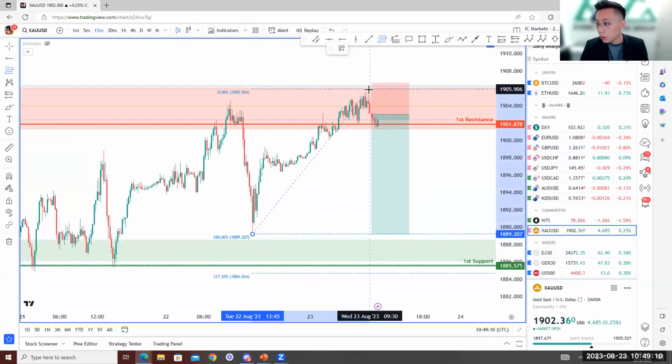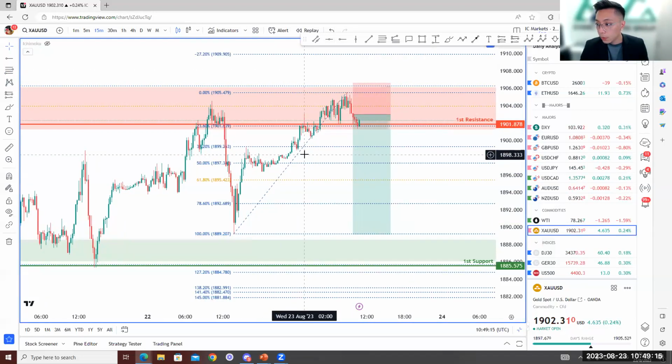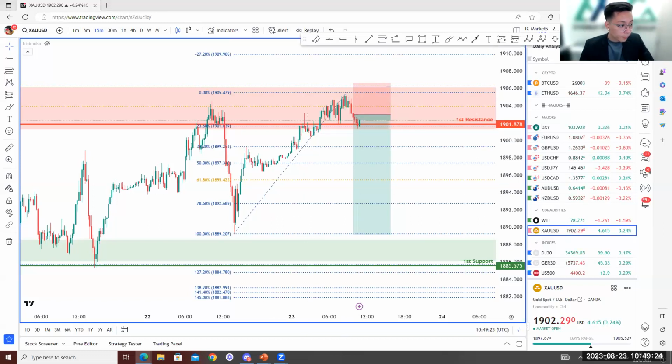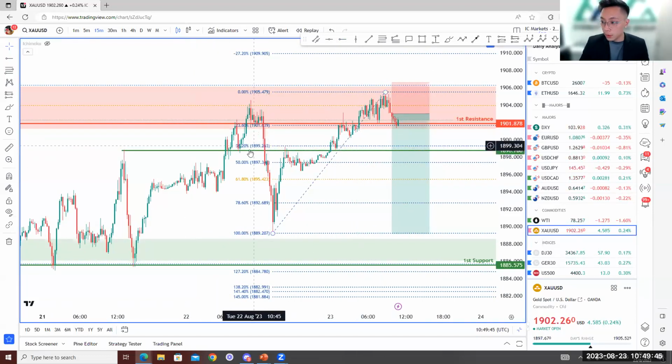So you can draw a Fibo right here. Maybe at this 38.2% level, you'll see that price may actually reverse against you, because of this overlap support level, right?